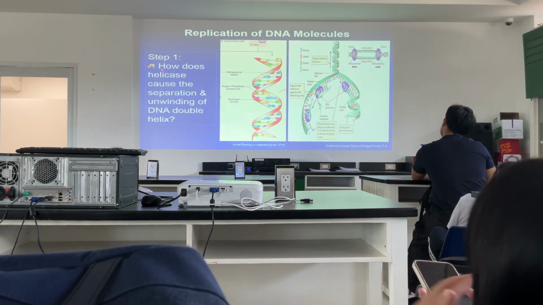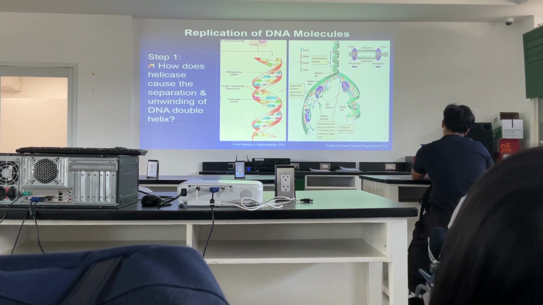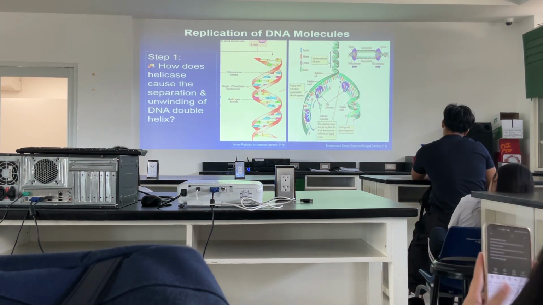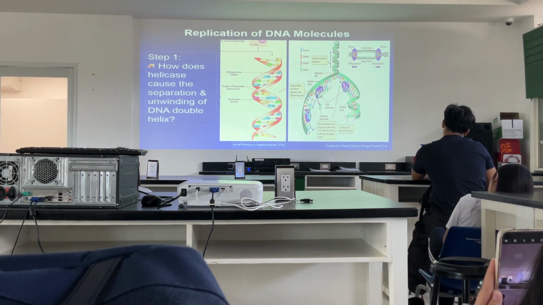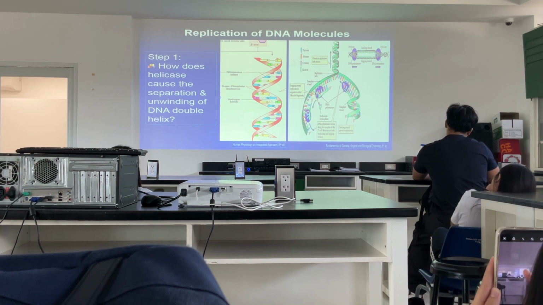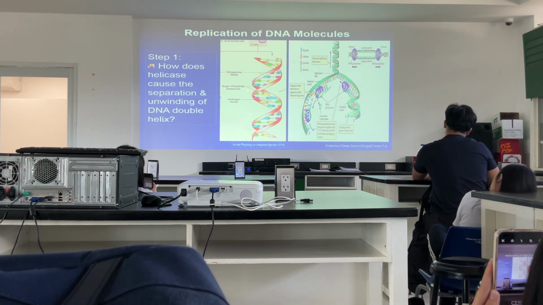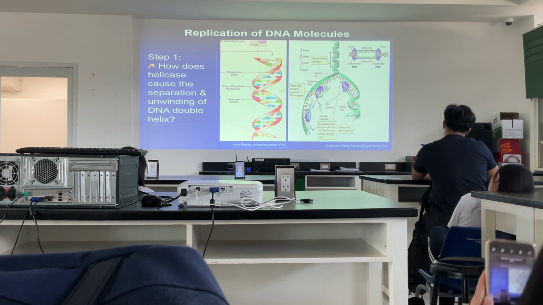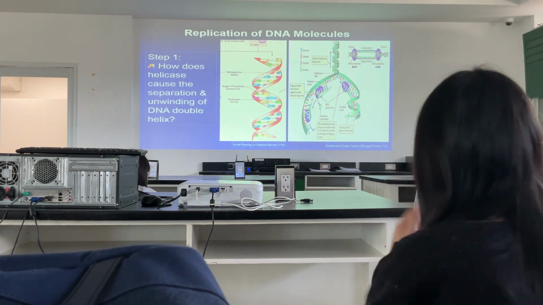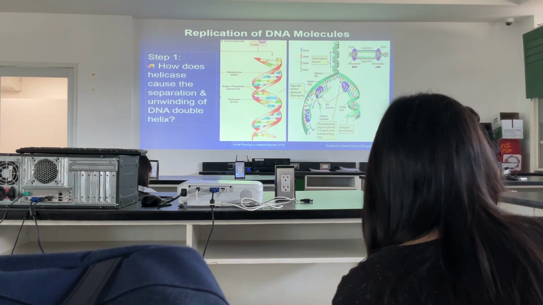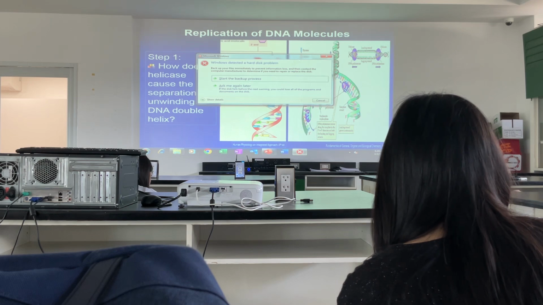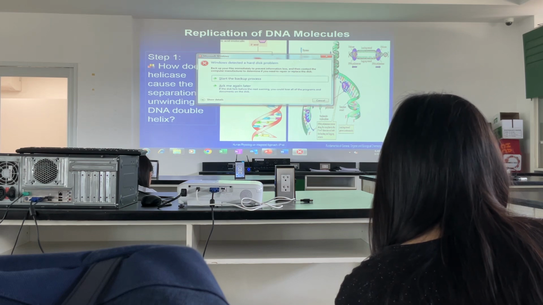Next, how does helicase cause the separation and unwinding of the double helix of your DNA molecule? Helicase will break the hydrogen bonds connecting the two polynucleotide chains. So helicase causes separation of the two strands.